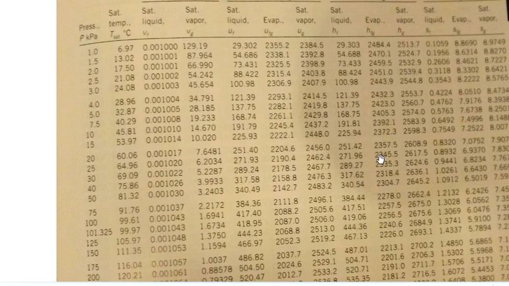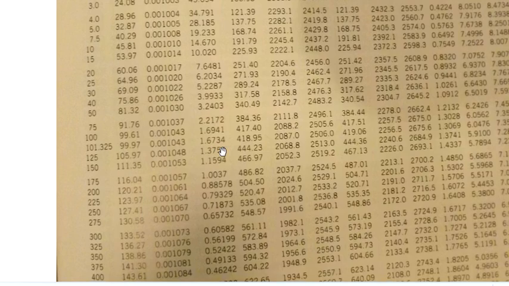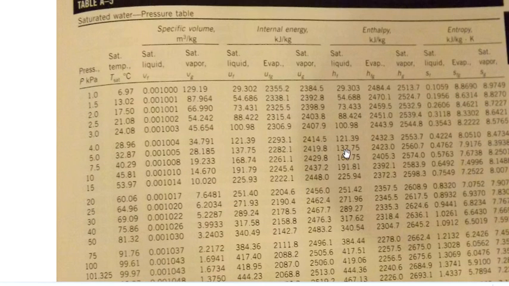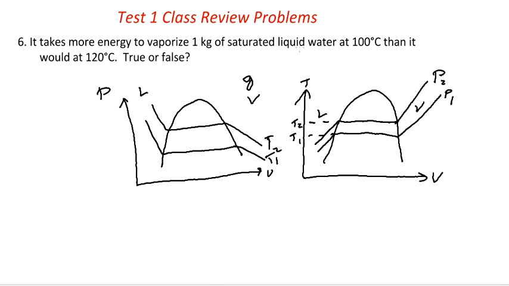And if you just look at the numbers in general, they're going down as your temperature is increasing. Alright, so this represents the gap between the liquid and the gas phases. So we want to know, is there more energy required for a lower temperature than a higher temperature? And the answer is yes.